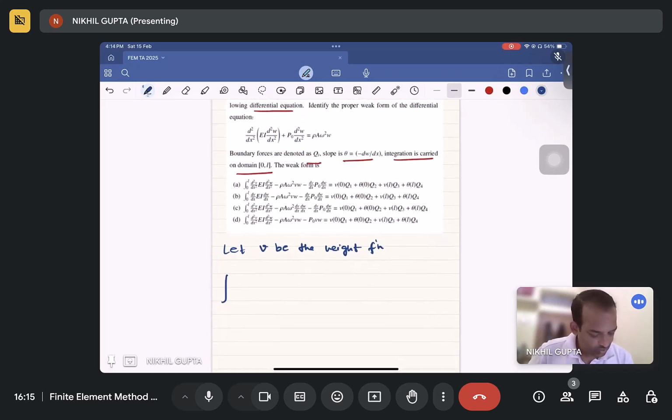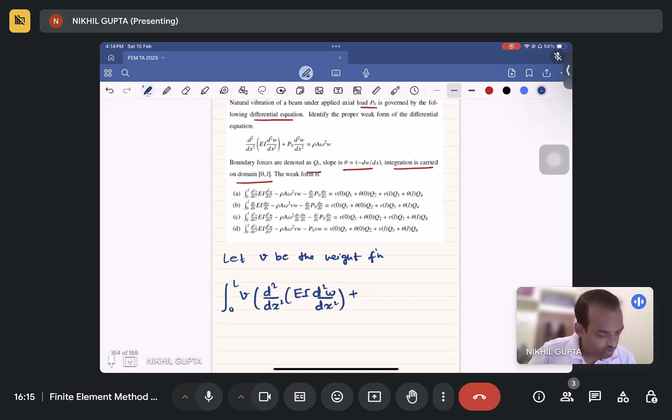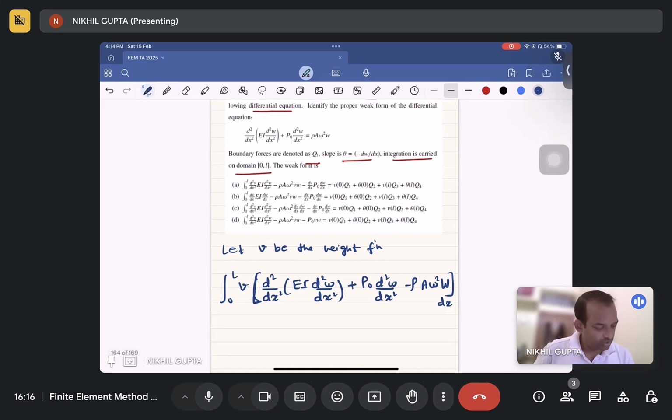So I'll start: integral 0 to L of V times d2 by dx square of EI d2W by dx square, plus P naught d2W by dx square, minus rho A omega square W. I'll write it as capital W to avoid confusion. dx. Okay, so this will be equal to 0.